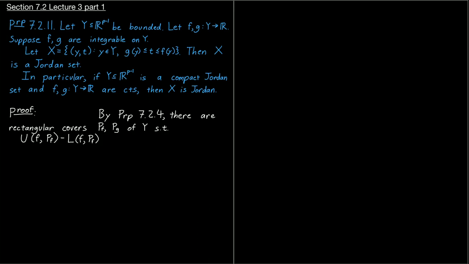Because we're applying proposition 7.2.4, we have to start by picking a positive number epsilon. And exactly the same thing is true for G.